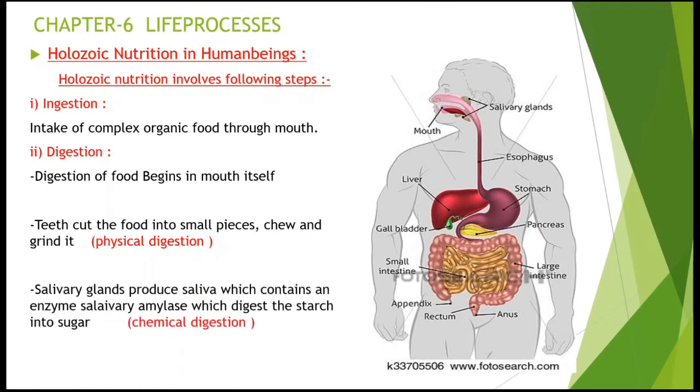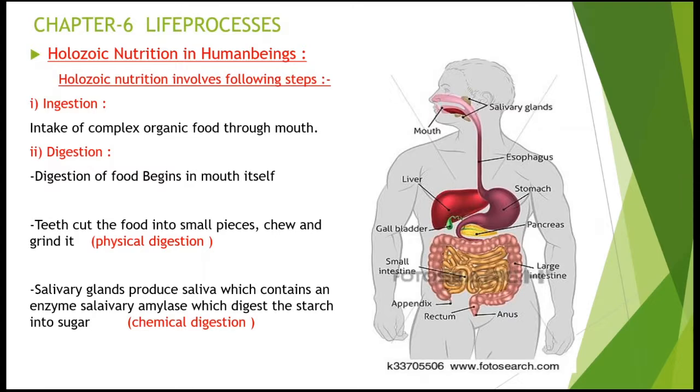Then next, the salivary glands produce saliva, which contains an enzyme called salivary amylase, which digests the starch into sugar. This is called chemical digestion. I already told you that the salivary glands are associated with the digestion of food. These salivary glands are present in the buccal cavity.